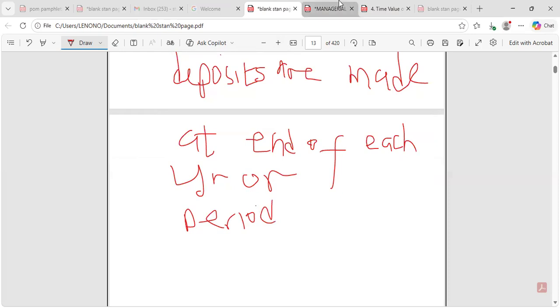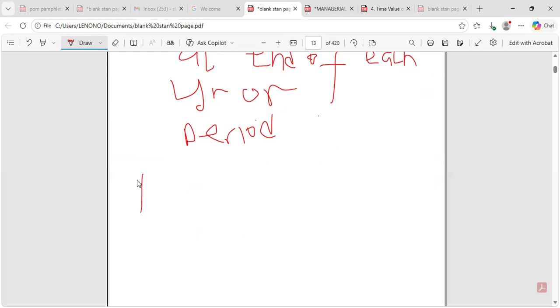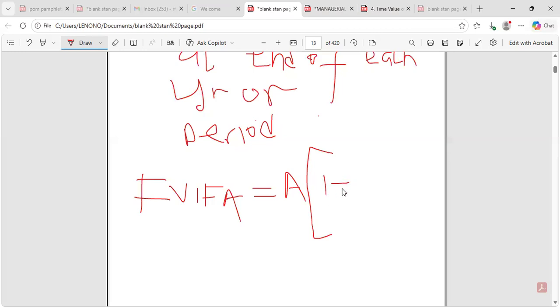Okay, so we have the future value interest factor of an annuity is equal to amount times 1 plus r to the power n minus 1 over r.